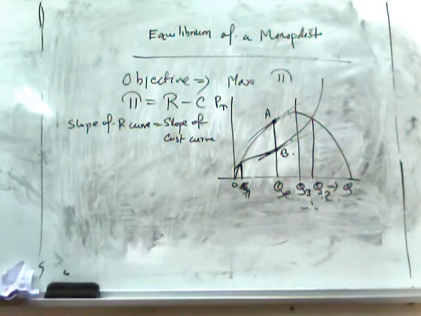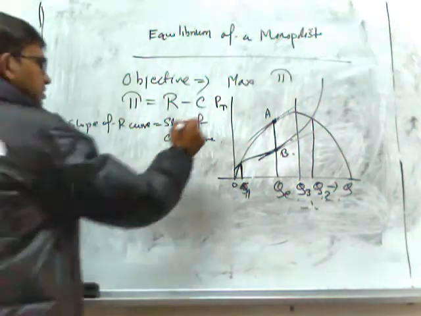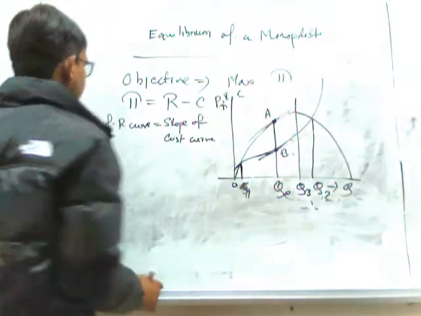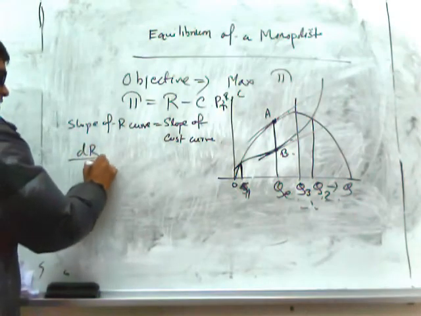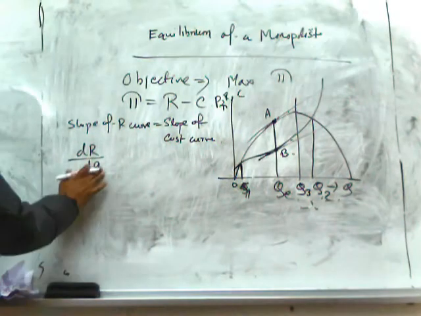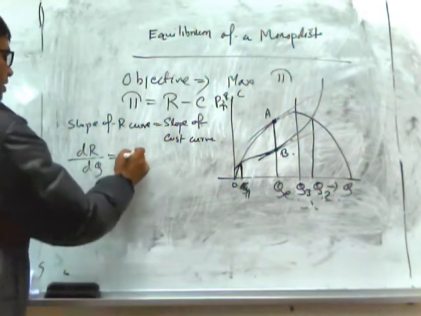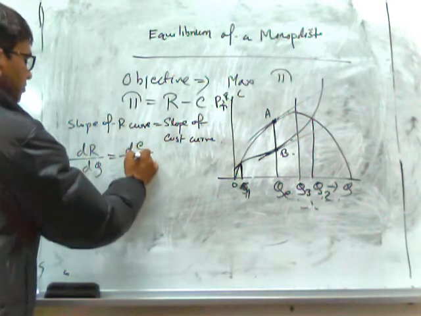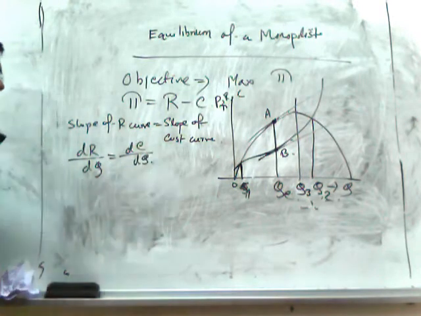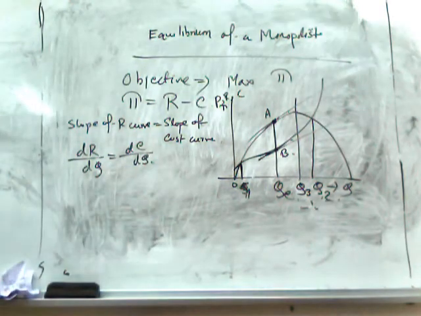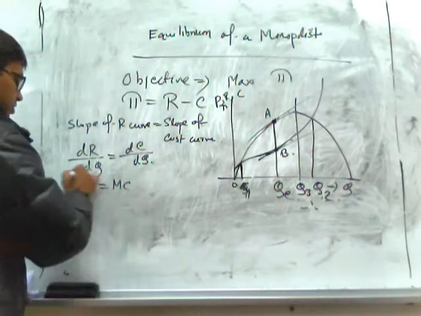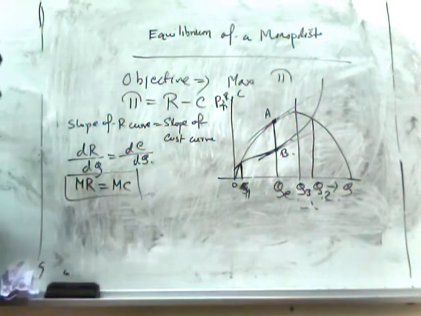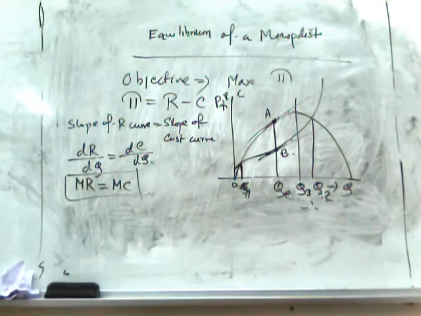The slope of the revenue curve, in the vertical axis we are measuring price, revenue, cost, everything, is nothing but the first order derivative of revenue with respect to output, and here the first order derivative of cost with respect to output. So the first order condition says that MR equals MC. Marginal revenue must be equal to marginal cost.